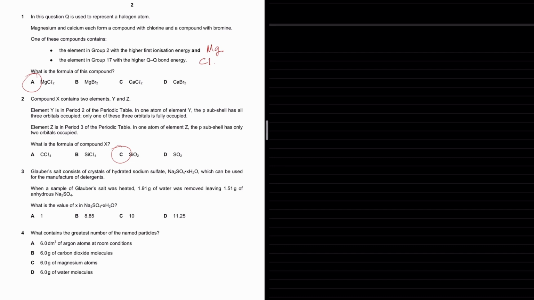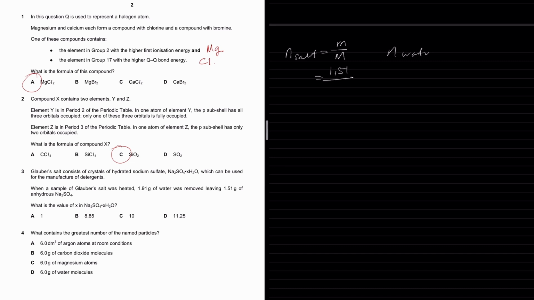Okay, so what we need to do is work out the number of moles. We'll do the number of moles for the salt, and then the number of moles for water. Number of moles is mass divided by molar mass. The mass of the salt is 1.51 divided by the molar mass.